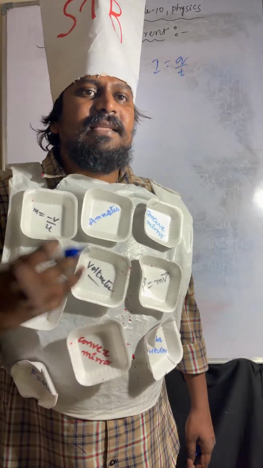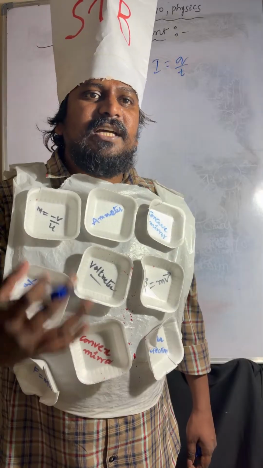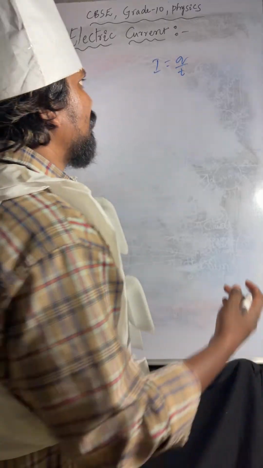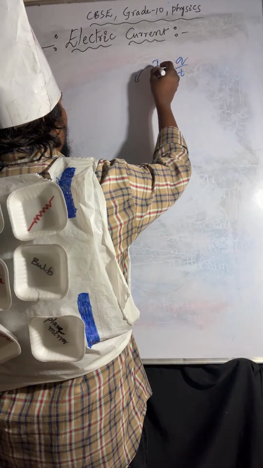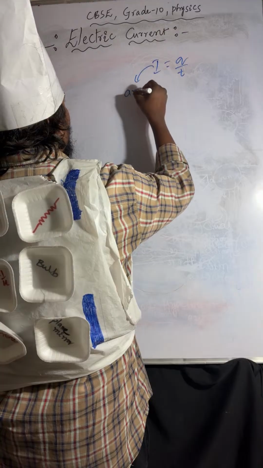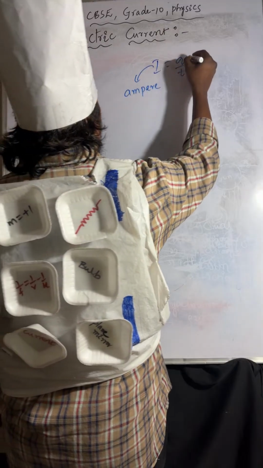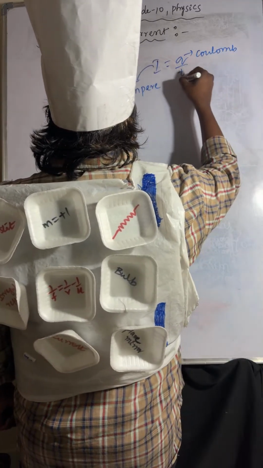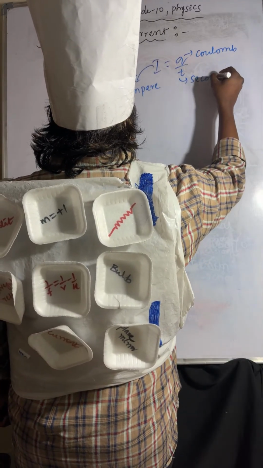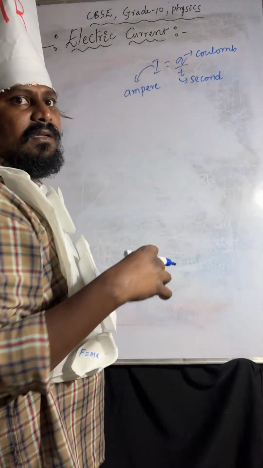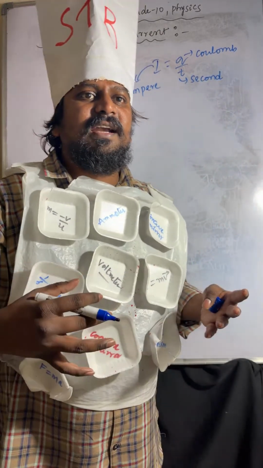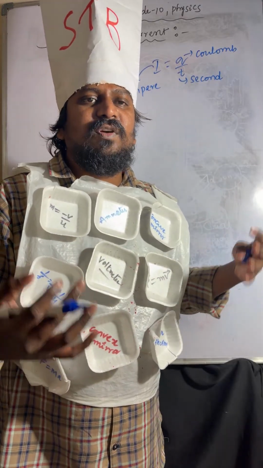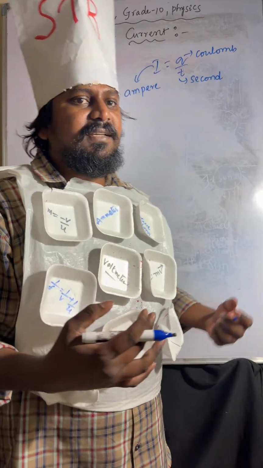SI unit of current is ampere. SI unit of charge is coulomb. SI unit of time is second. Right? So 1 ampere is defined as 1 coulomb of charge flowing through unit cross section area per second.